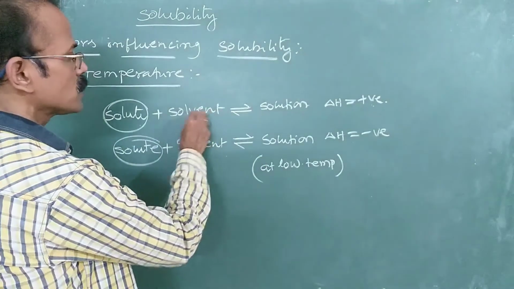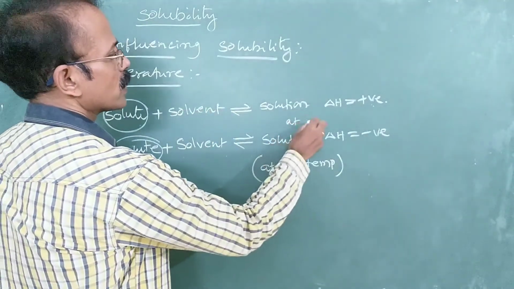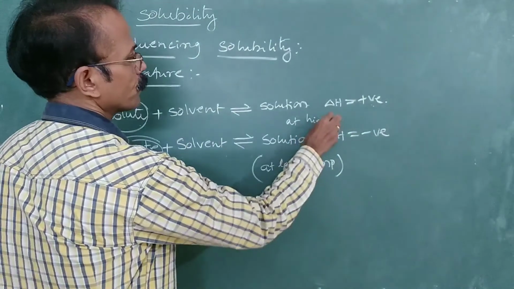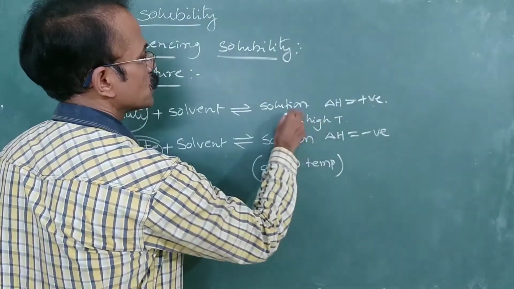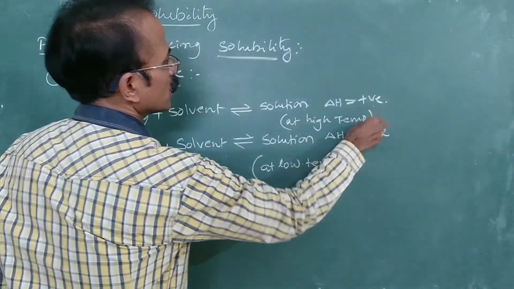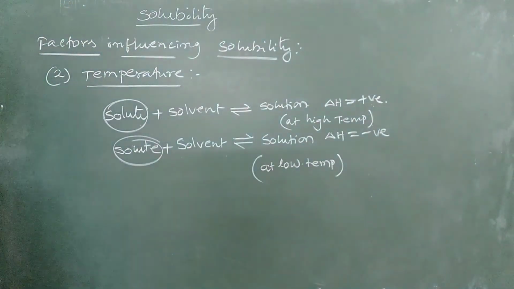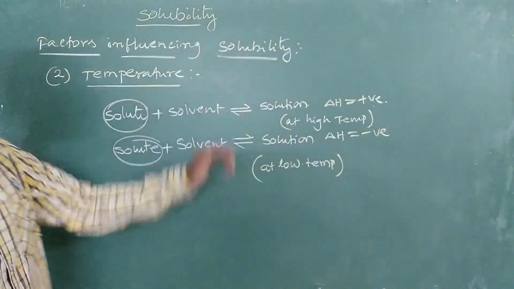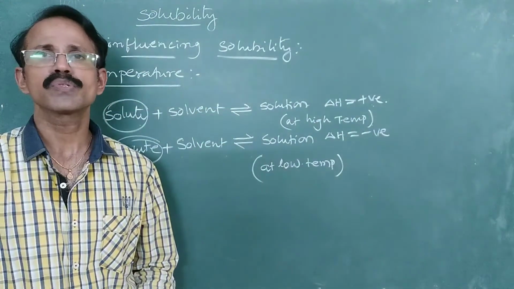In the first case, it is favored at high temperature. At high temperature, the forward reaction is favored, or more amount of solute enters into the solution, or solubility of solute increases.